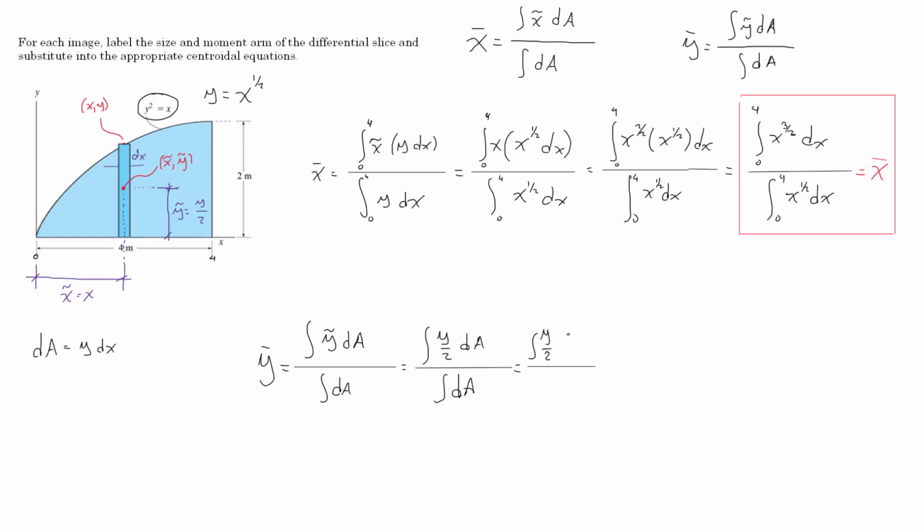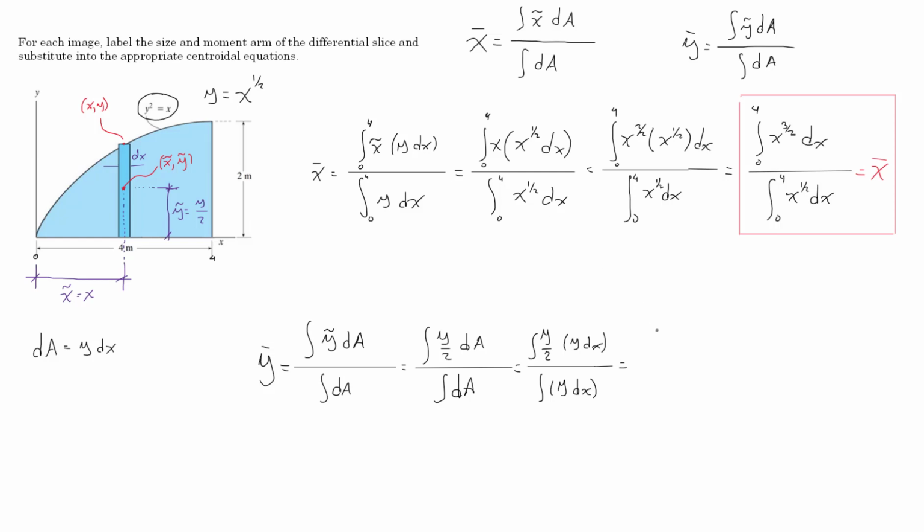My dA is y dx, and here again y dx. Again, in this integral I can't continue because it's not possible to calculate the integral of y in function of x here. So we need to replace all the y's here by the expression that I have from my equation.